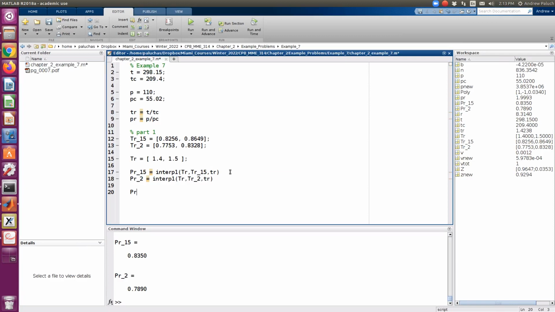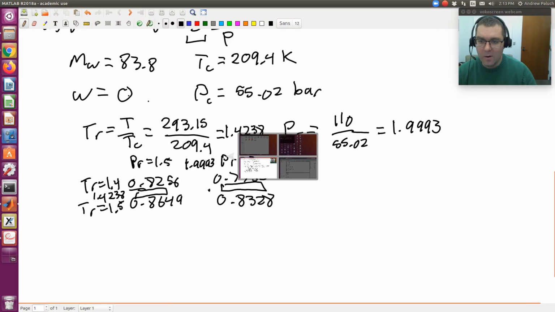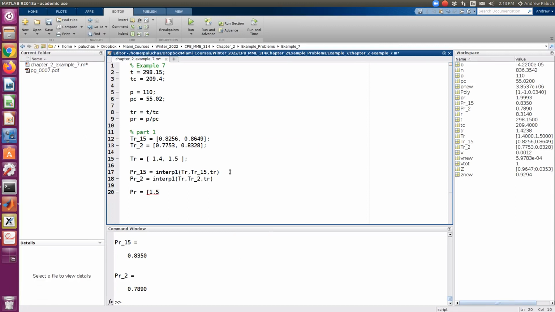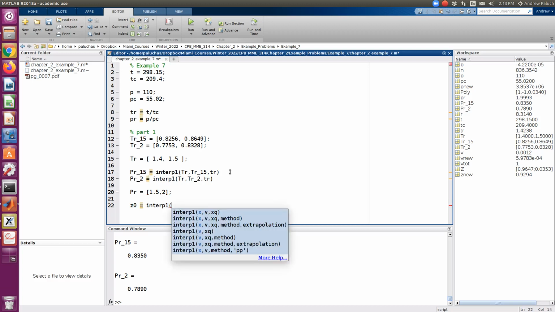All right, so my pressure vector now is just 1.5 and 2. So now my value of Z naught is going to be interp1. I'm going to interpolate with respect to reduced pressure.